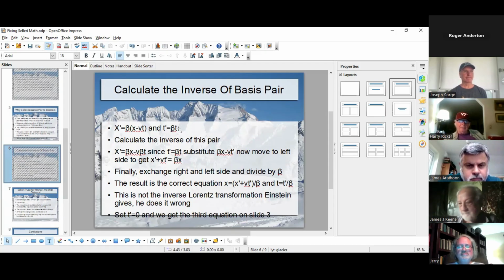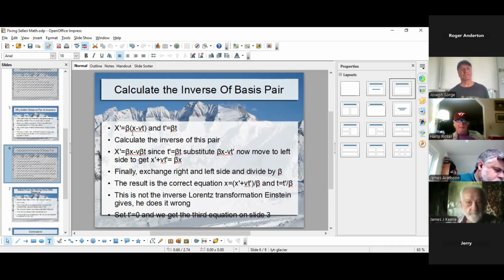And according to what Hasio by I says, you can't do that. The time transformation has to be consistent with the distance transformation. So here, x prime equals beta (x - vt), t prime equals beta t.